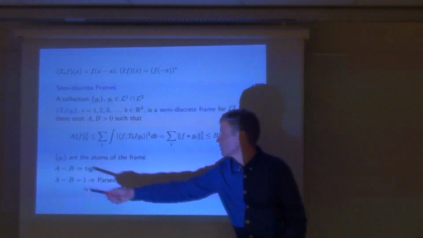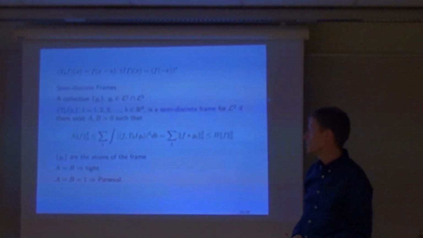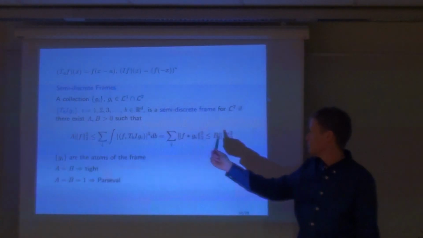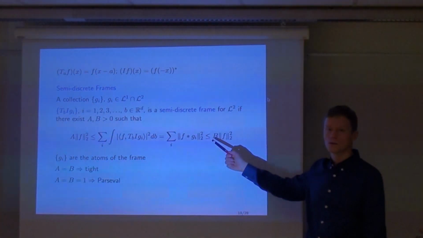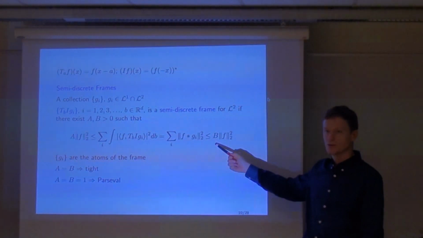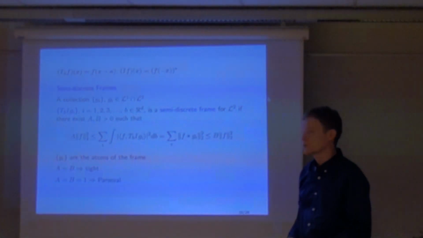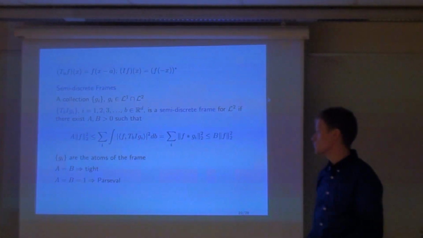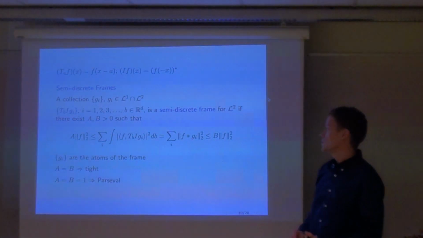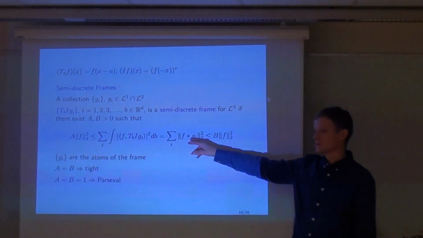Yeah, these functions are called the atoms of the frame, I didn't say that. If you have this result and A and B are the same number, then you say the frame is tight. If they are the same and also 1, you say you have a Parseval frame. So obviously for a Parseval frame, you preserve all energy.